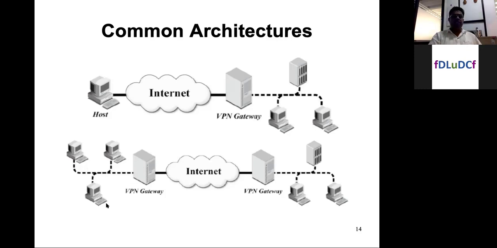If the data traffic starts from a particular computer, it arrives as plain text as usual at the IPsec or VPN gateway. Then it gets protected there, and the protected data packet passes through the internet and travels to the destination.